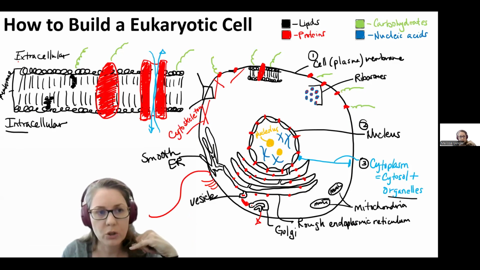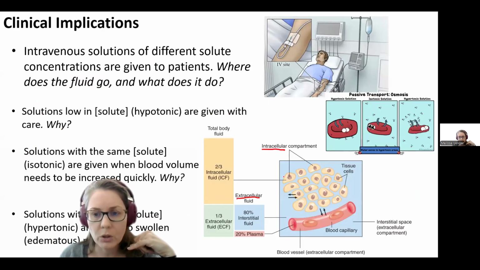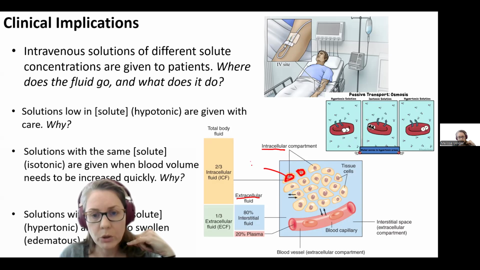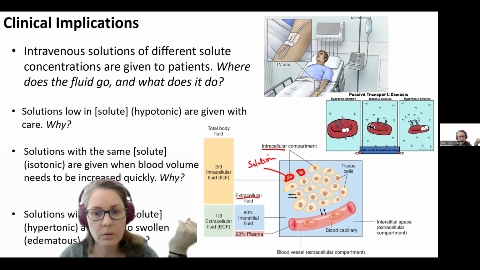Intracellular is actually the space around the nucleus, not the nucleus itself. That is the cytoplasm, where our cytosol is. Our cytosol is going to be a solution. This is called intracellular fluid or cytosol.